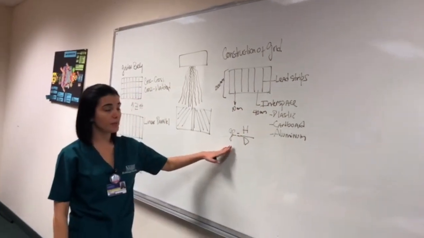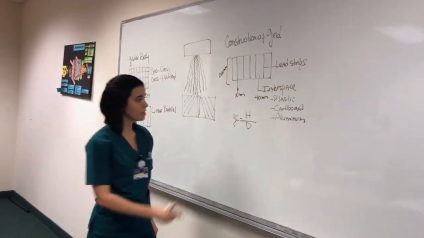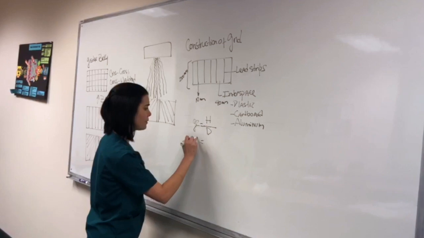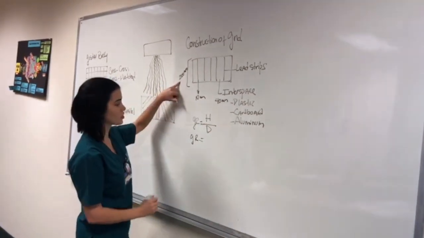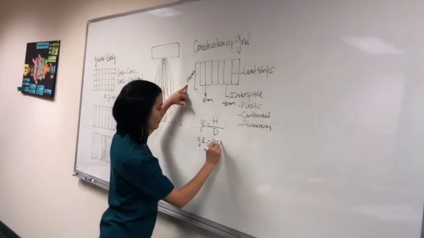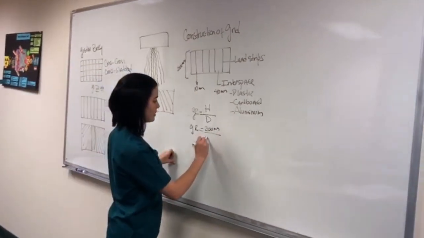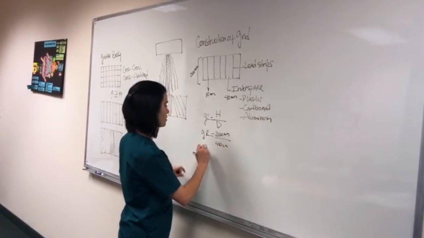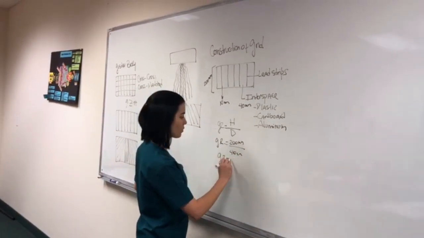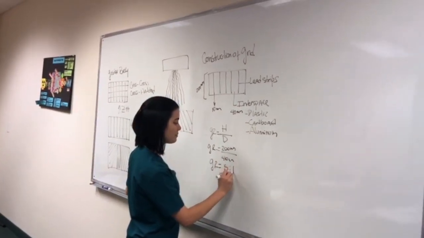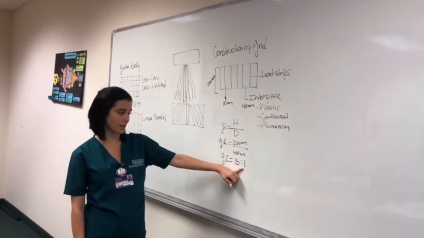How do you get the grid ratio? You just plug in the numbers. Grid ratio equals the height, which is 200 millimeters, over 40 millimeters, which is the distance. So your grid ratio is 5 to 1.